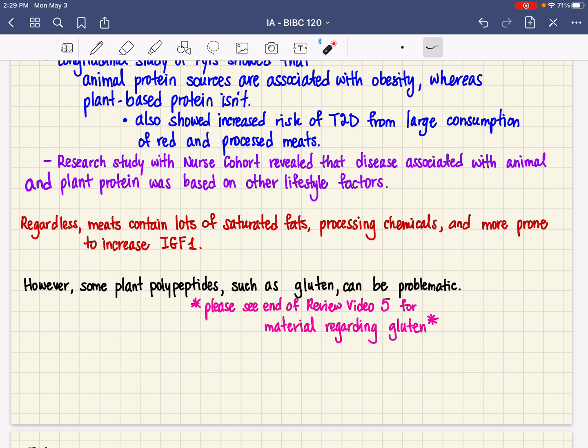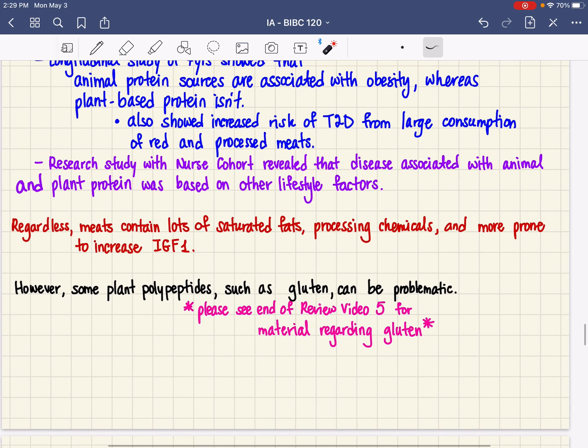Also, the processed meats contain a lot of processing chemicals to keep them processed and so that they can last longer on the shelf. And red meat and processed meats are more prone to increase IGF-1, which is insulin-like growth factor.